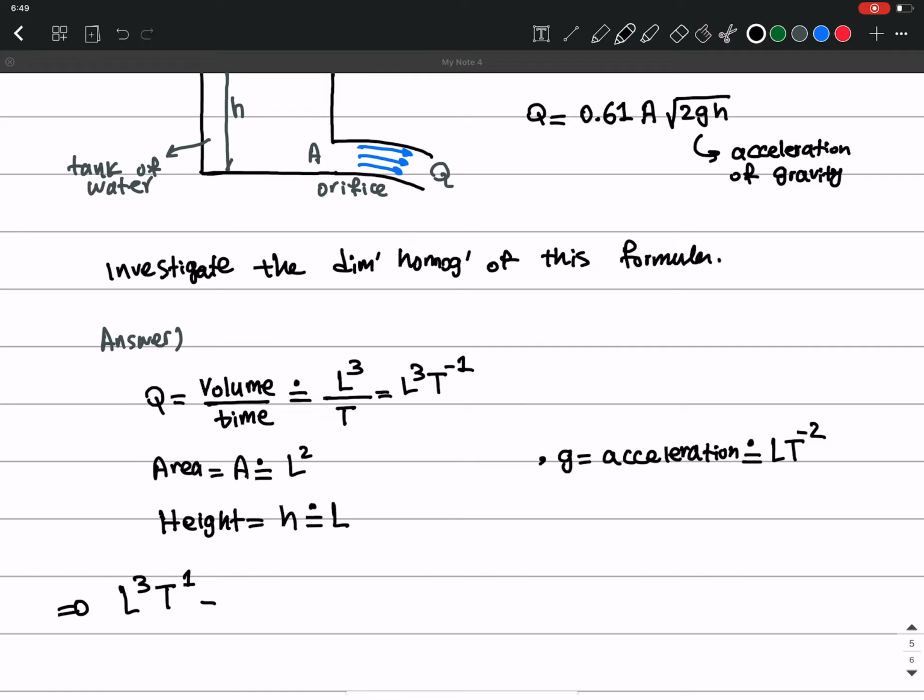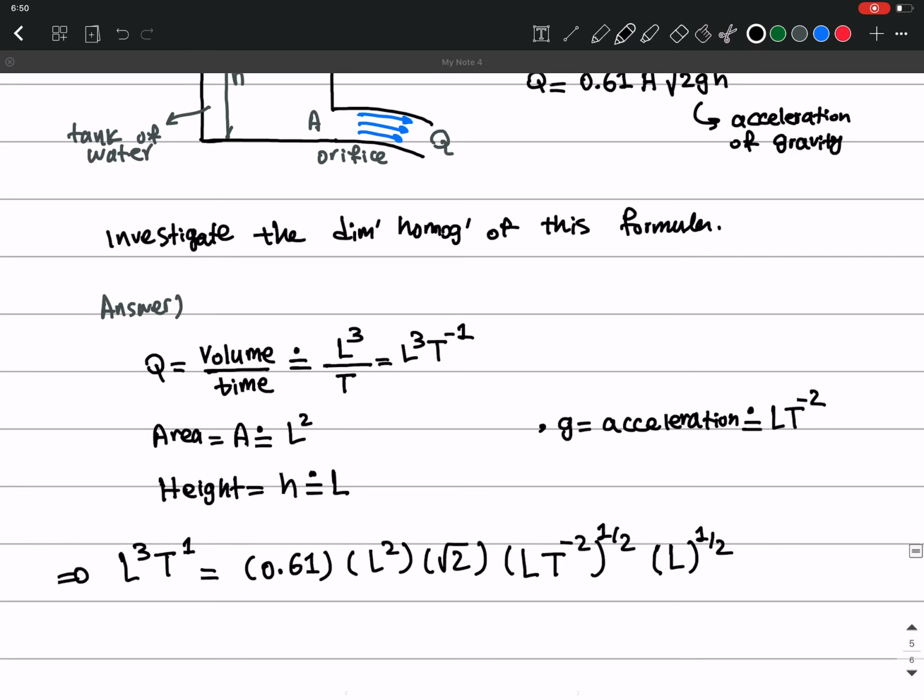And then on the right-hand side, we have 0.61, which is a number, times area, which is L squared, times the square root of 2, which is also a number, times the square root of g, which is L T^-2 to the power 1/2. And then we also have h, the height, so it's going to be L to the power 1/2, the square root of that too.